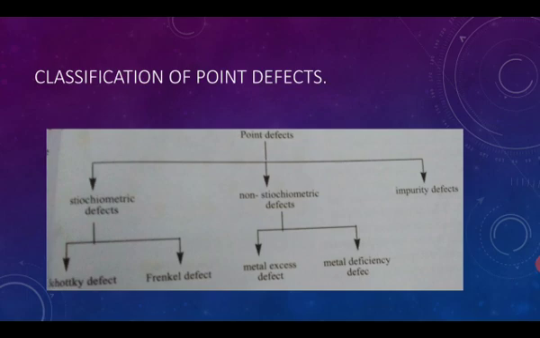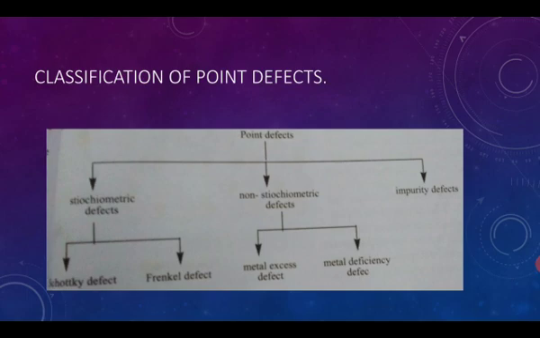The next, classification of point defects. Broadly, point defects can be classified into 3 types. The first one is stoichiometric defects, second one is non-stoichiometric defects, and the third one is impurity defects. This stoichiometric defects is once again divided into 2 types.